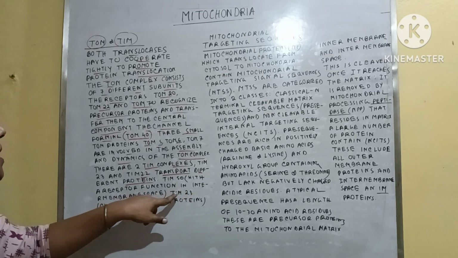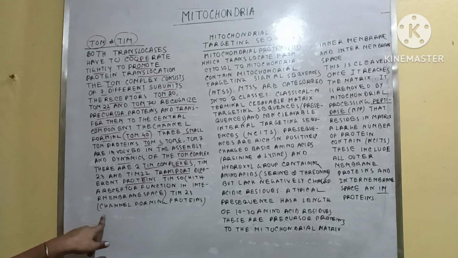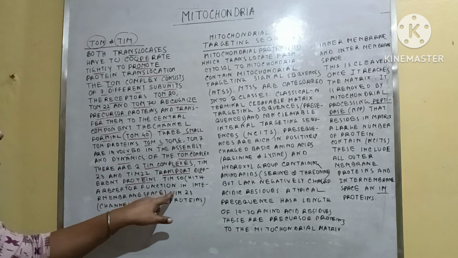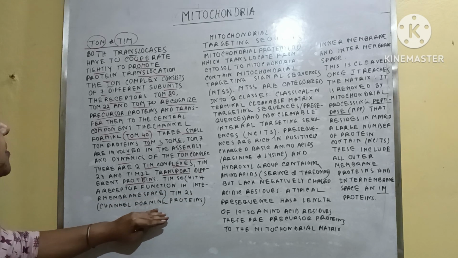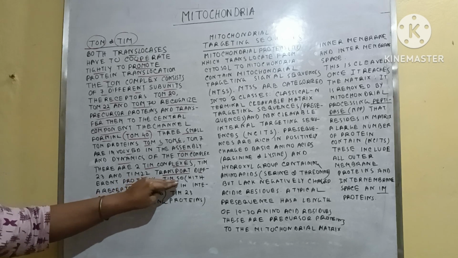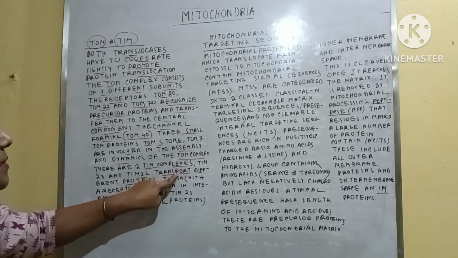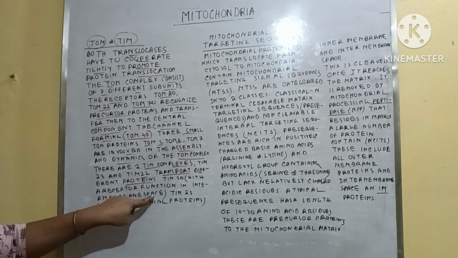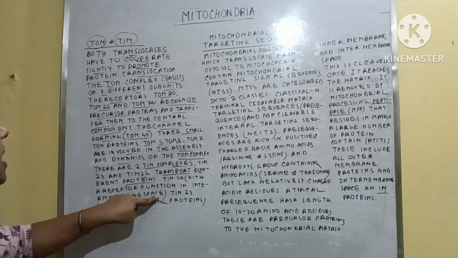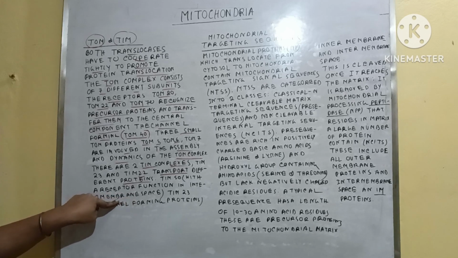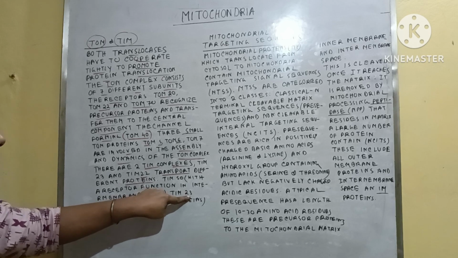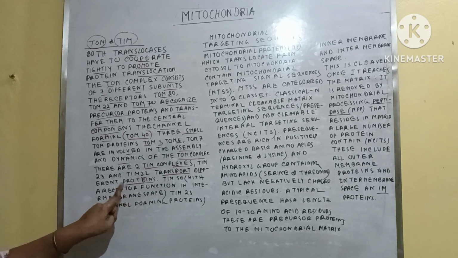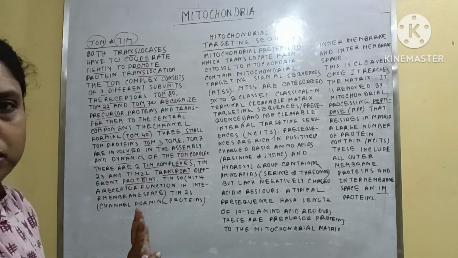TIM23 is present in the channel area and helps to form the channel. TIM50 is responsible for the intermembrane space, where the proteins are transported, and TIM23 is responsible for the channel forming proteins.